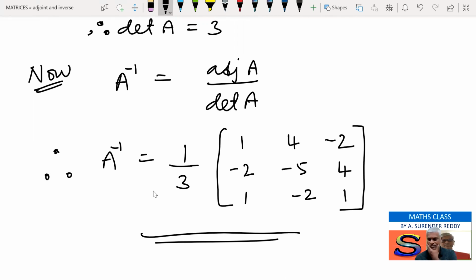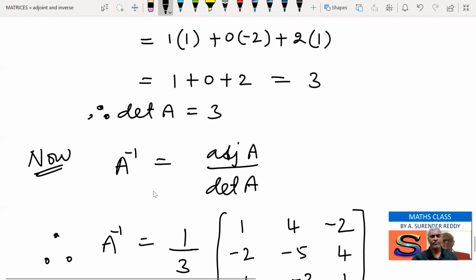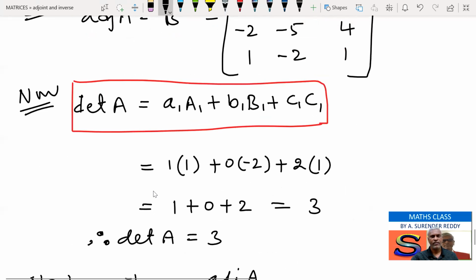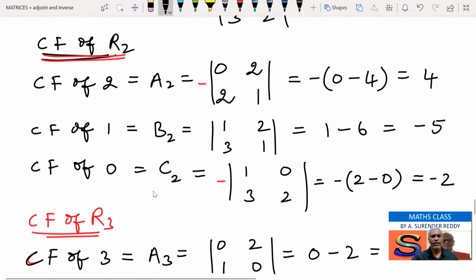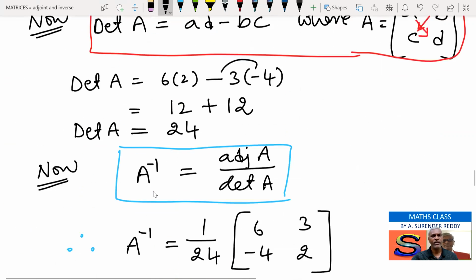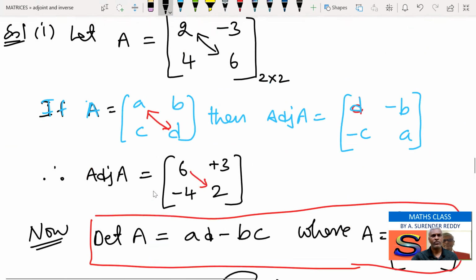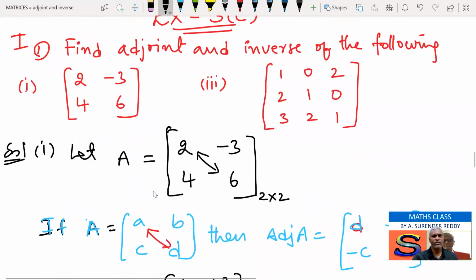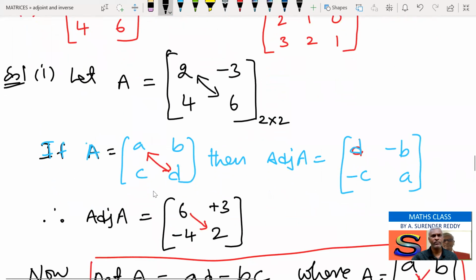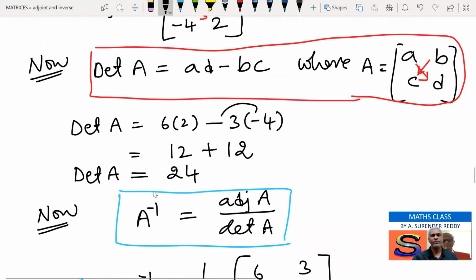This is a very, very important concept in this chapter, how to find adjoint and inverse of 2 by 2 and 3 by 3. We did both. How to find adjoint of 2 by 2 and inverse of 2 by 2 was the first example, the first problem.